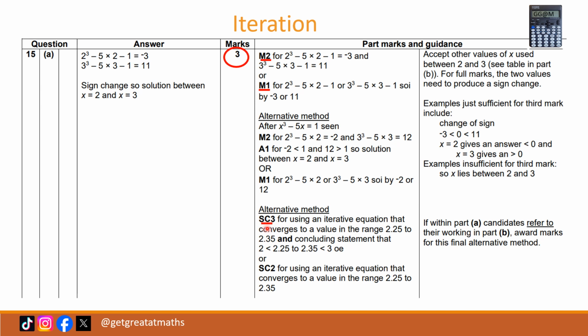SC3 means you can still get 3 marks for doing it a different way using the iterative equation, or SC2 means there are 2 marks if you've got an answer between 2.25 and 2.35. Later on, we're going to use the iterative method to answer part B of this question. So check out my later video if you want to see how to find the solution using iteration.